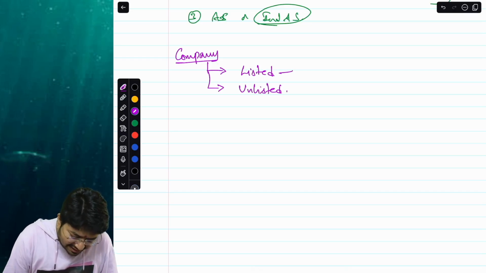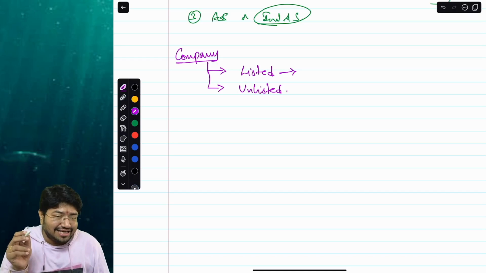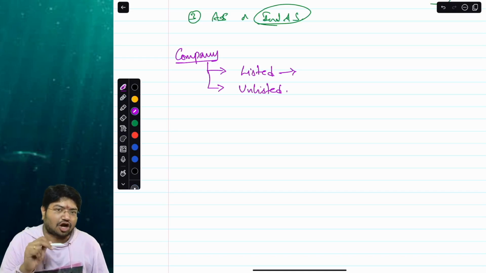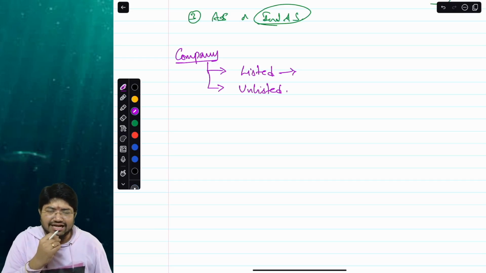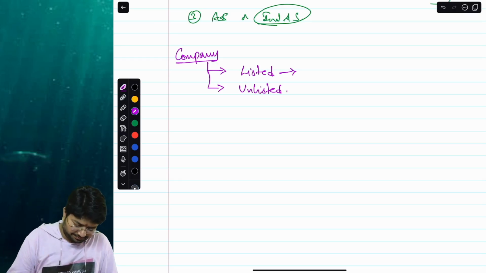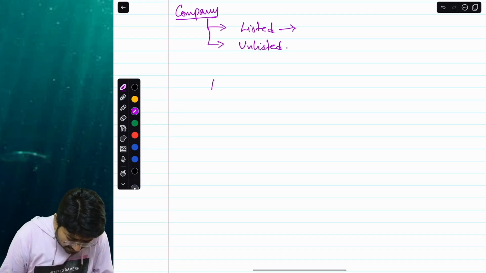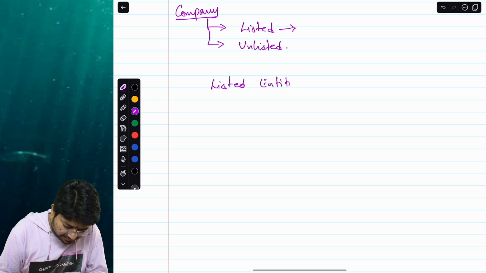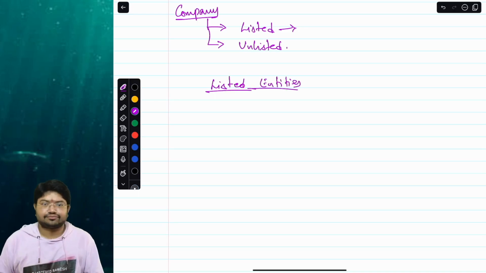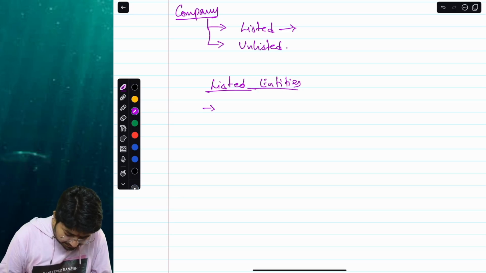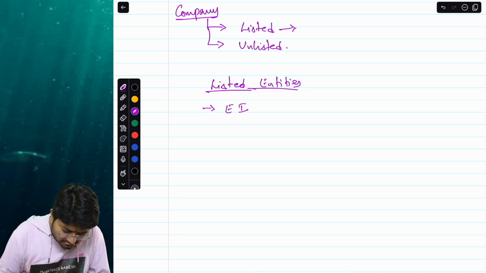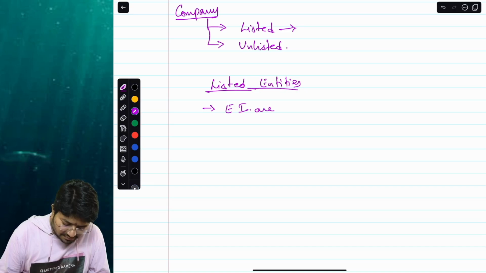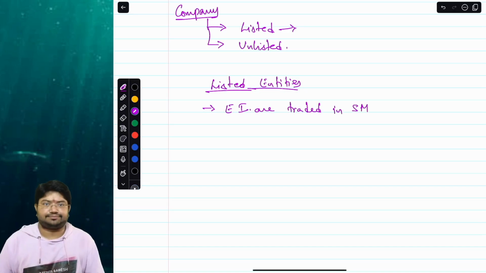When I say listed entity, if its equity instruments are getting traded in stock market, then Ind AS is by default applicable. There are different varieties of listed entities. Number one, equity instruments are traded in stock market.